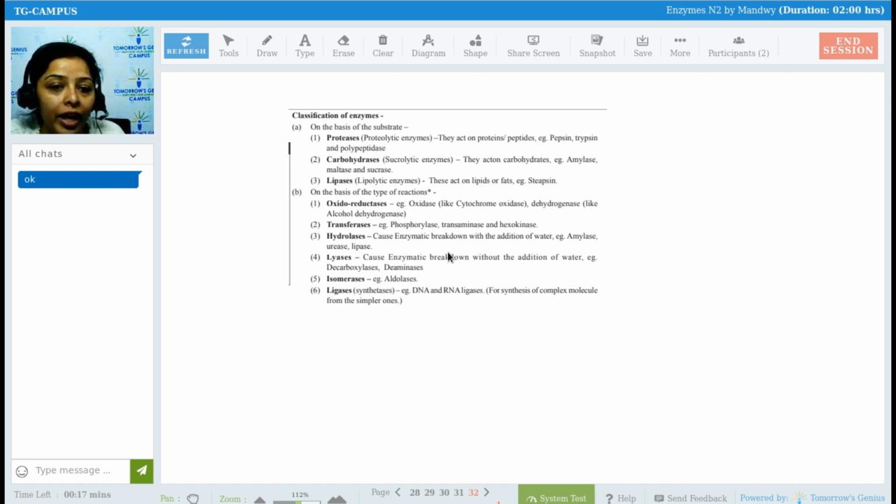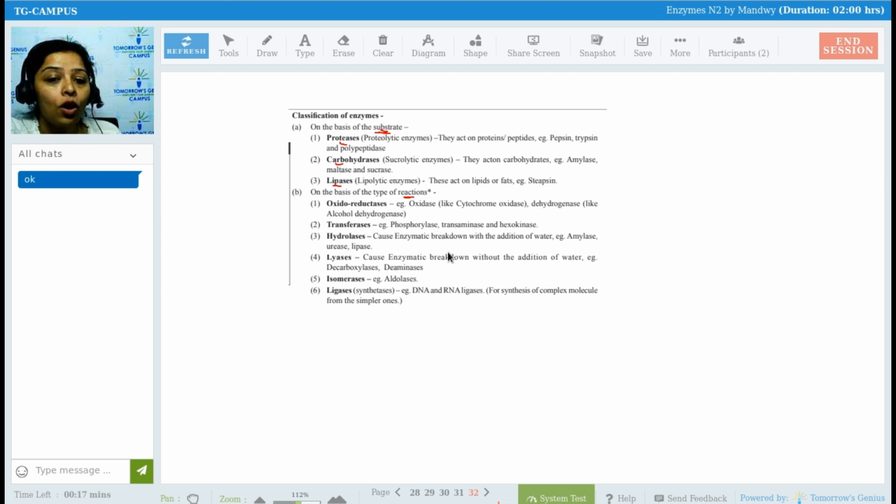This one is more elaborate because here the enzymes are classified on the basis of different criteria: on the basis of substrate and on the basis of type of reaction. As per the substrate, there are three types: proteases for protein, carbohydrases for carbohydrate, lipases for lipid.